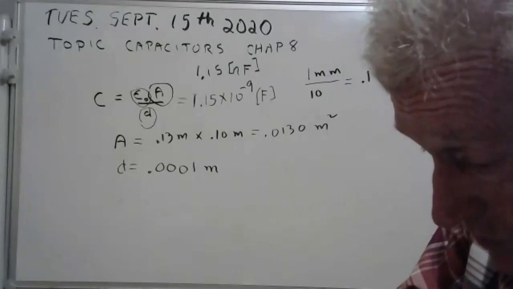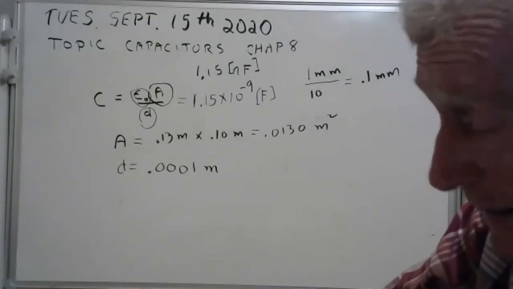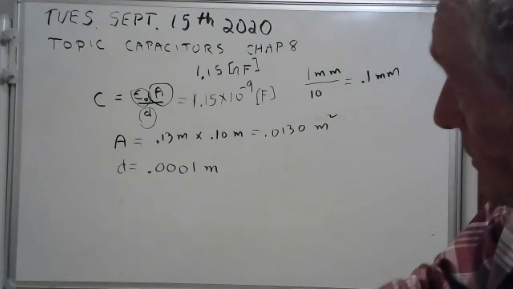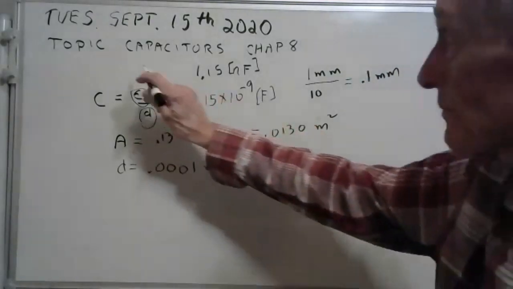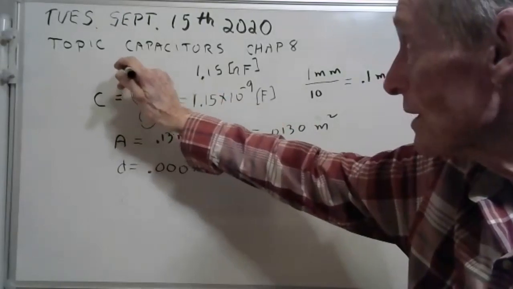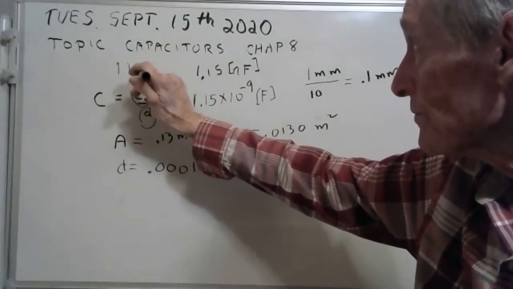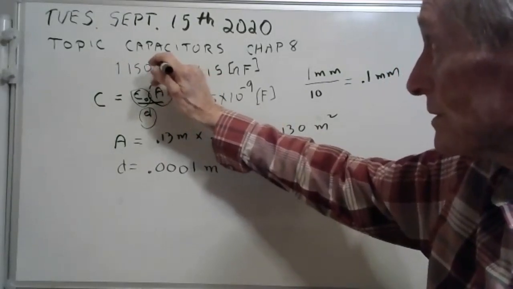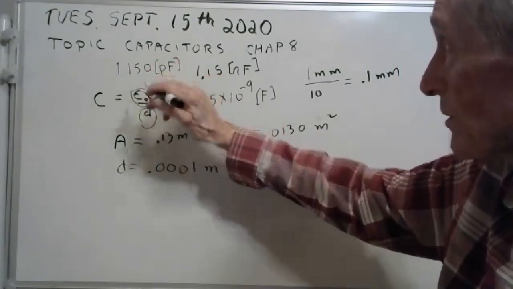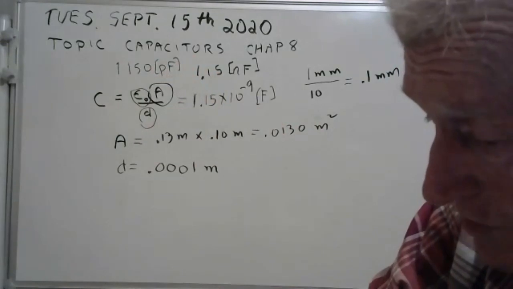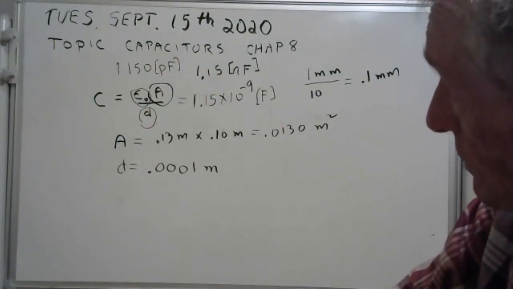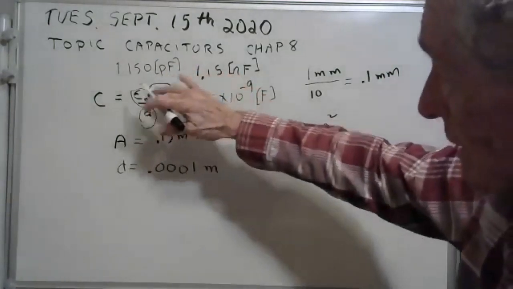When we get our capacitors, they'll either be in nano or in pico. See, I tell you what that is. That's 1,150 picofarads. Because a pico is 10 to the minus 12. See, if you make that smaller, you've got to make that bigger.